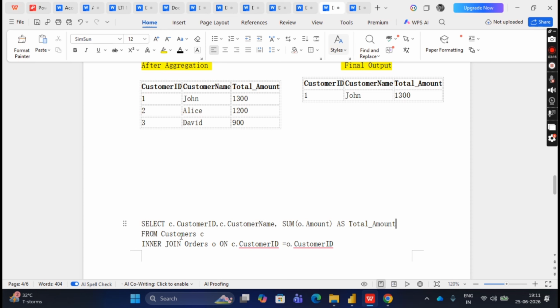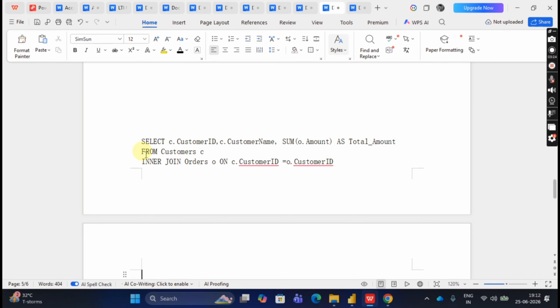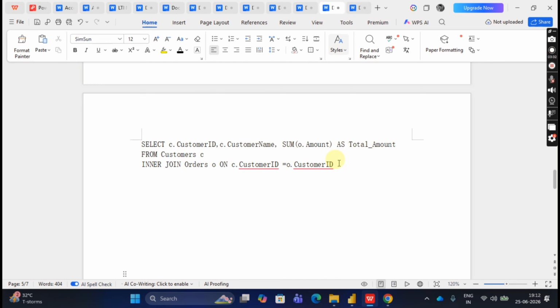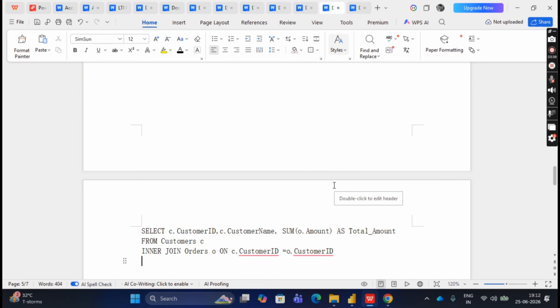After joining the tables, we are doing the aggregation on the amount column in order to get the total amount, the sum of O.amount. The amount column is coming from the orders table. And we are doing the group by C.customer_id, C.customer_name.